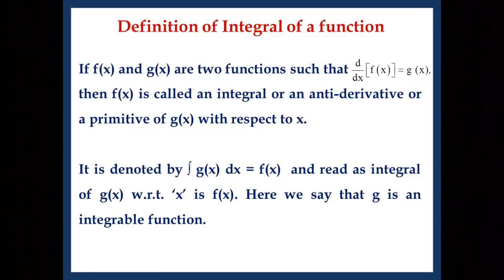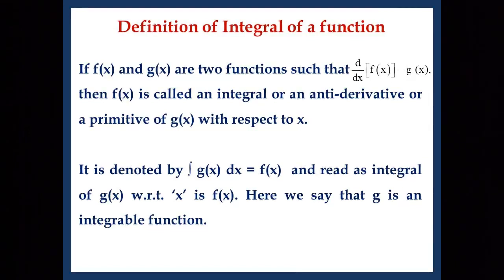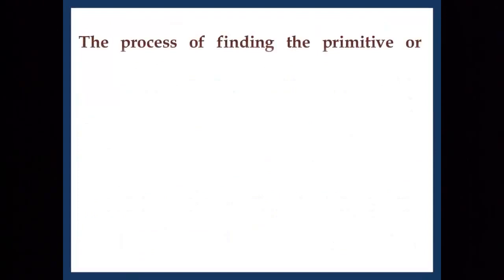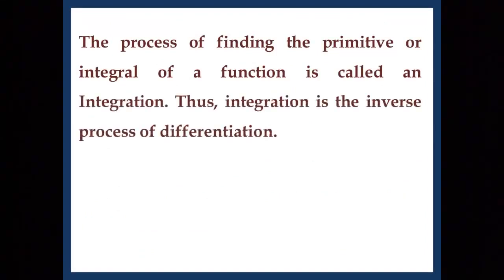Here we say that g is an integrable function. So what do we mean by an integrable function? A function whose integral can be obtained is called an integrable function. The process of finding the primitive or integral of a function is called integration. Thus, integration is the inverse process of differentiation.